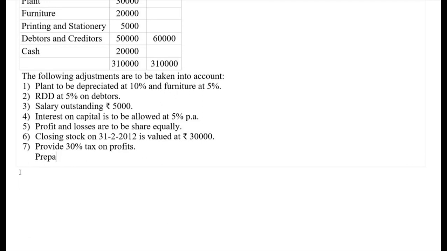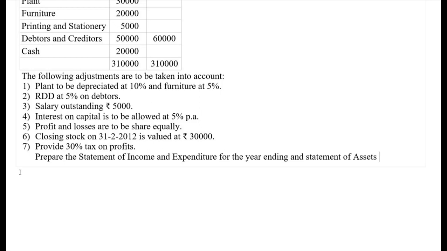Next, prepare the statement of income and expenditure for the year ending and the statement of assets and liabilities of business on that date. Of course this is a simple problem here. So now let us go for solution.